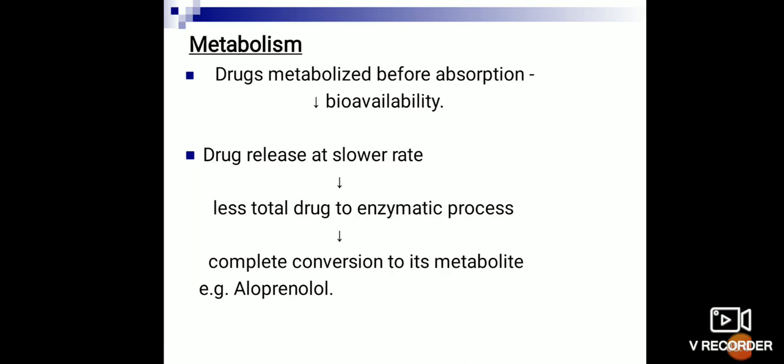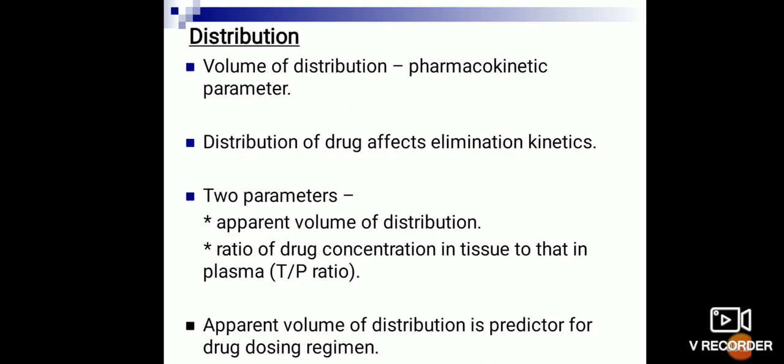But here, what happens if we release the drug at a slower rate? That drug is low in quantity, so the enzymes are free to metabolize. So most of the drug is metabolized, there is no free drug available in blood, so you obtain no action. So the metabolic process is important in manufacturing.